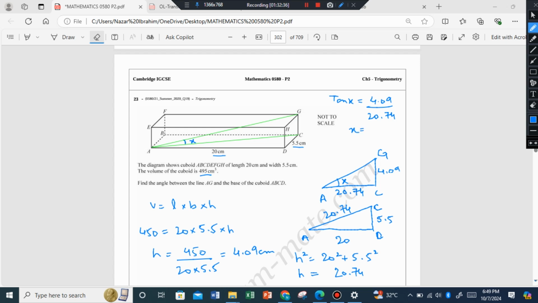So solving tangent inverse of this ratio gives me angle GAC equal to 12.24. The GC was found to be 4.09, right? So that is the required angle which was asked to find out. Clear?